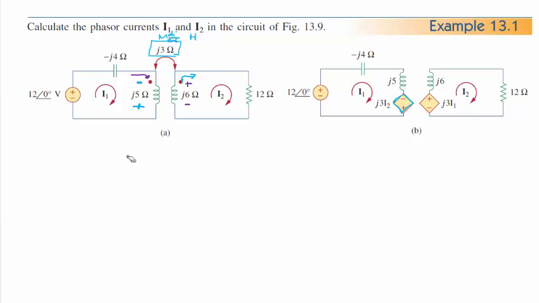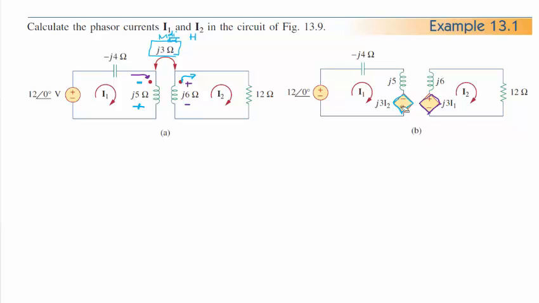So going around this loop, I have a little voltage induced in this loop from the current in loop 1, with the polarity given here. So that's this little extra voltage in the loop right here.